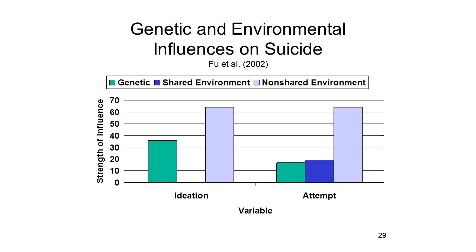The shared environment played apparently no role in suicidal ideation, a little role in suicidal attempt, but the non-shared environment played an overwhelming role in both determining suicidal ideation and suicidal attempt. Population variance in suicidal behavior, both ideation and attempt, appears to be overwhelmingly determined by variance in the non-shared environment. And again, I'd leave it to you to speculate about exactly what those non-shared environmental factors might be.